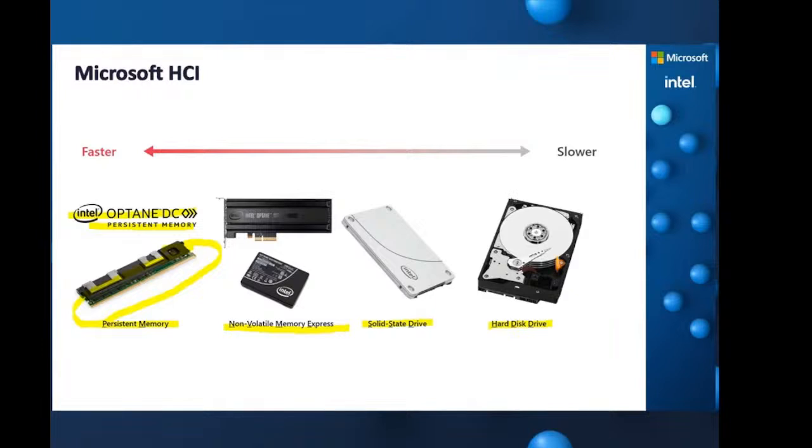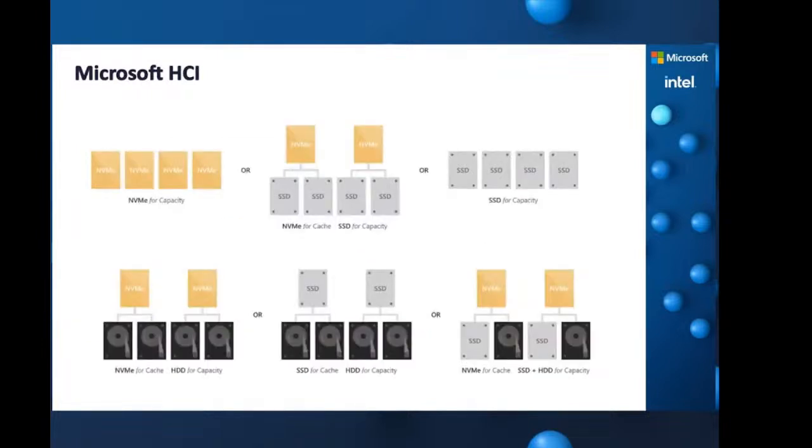When we look at the different storage configurations, we can run full NVMe, we can run full SSD, we can combine NVMes and SSDs, or we can combine NVMes and hard disks. So these are different possible combinations, and it's always the minimum configuration.